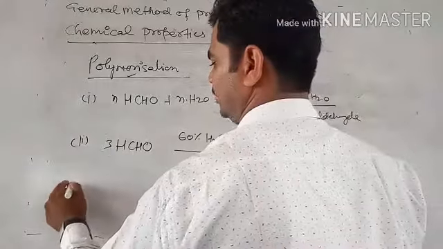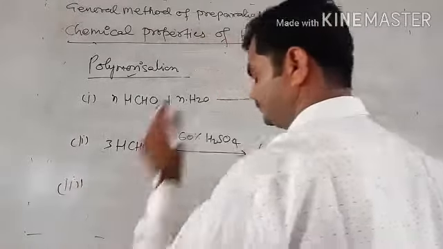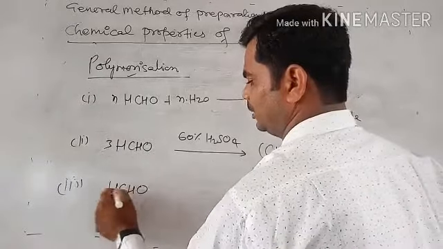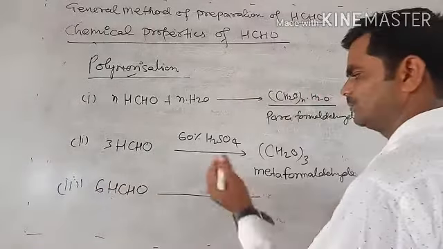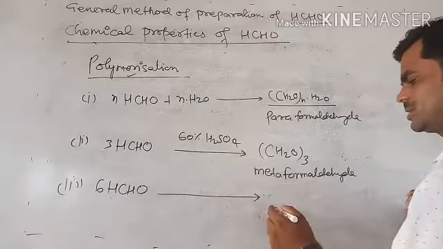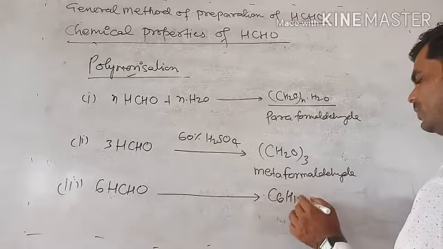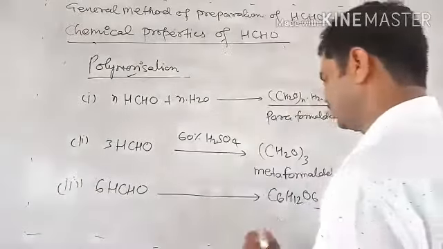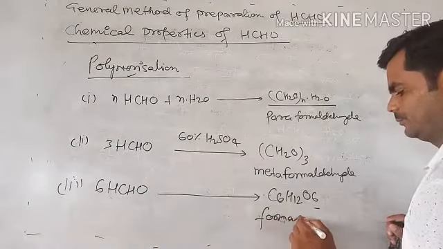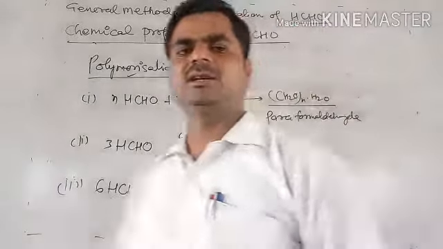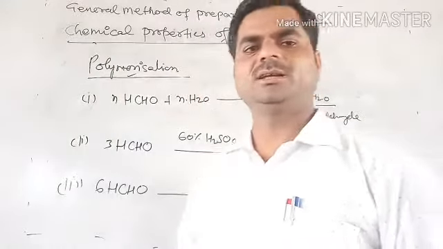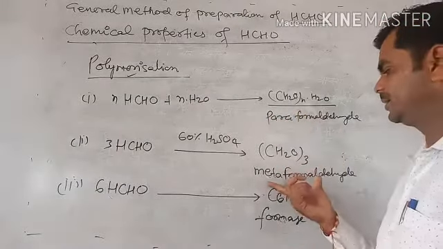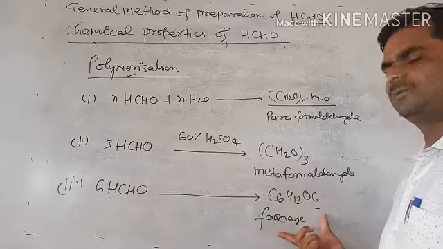Okay. Now the third reaction is when 6 molecules of formaldehyde in presence of concentrated H2SO4 convert into C6H12O6. C6H12O6, that is what? That is formose. Okay, there are 3 different reactions: in each one formaldehyde forms para-formaldehyde, metaformaldehyde, and formose.